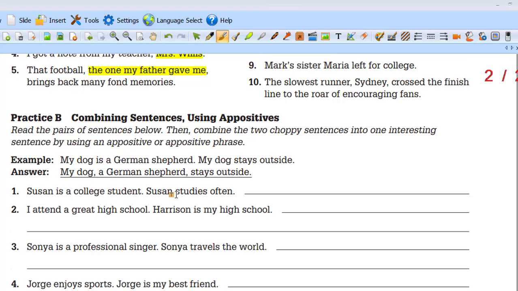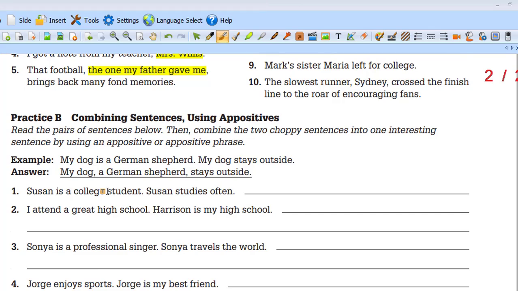So you can say, Susan, a college student, studies often. Again, Susan, comma, a college student, comma, studies often. The appositive here is what? A college student. It gives me extra information about Susan. You got the idea?